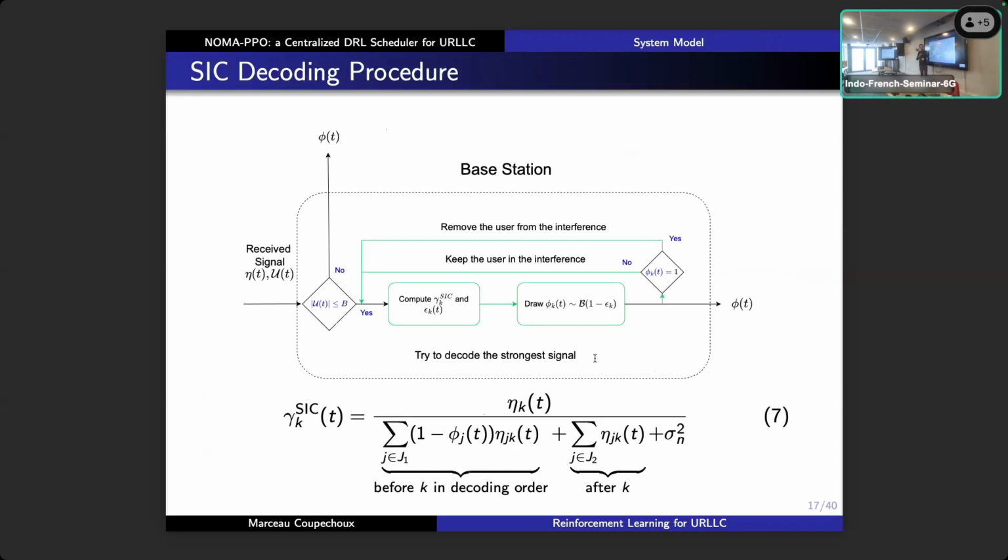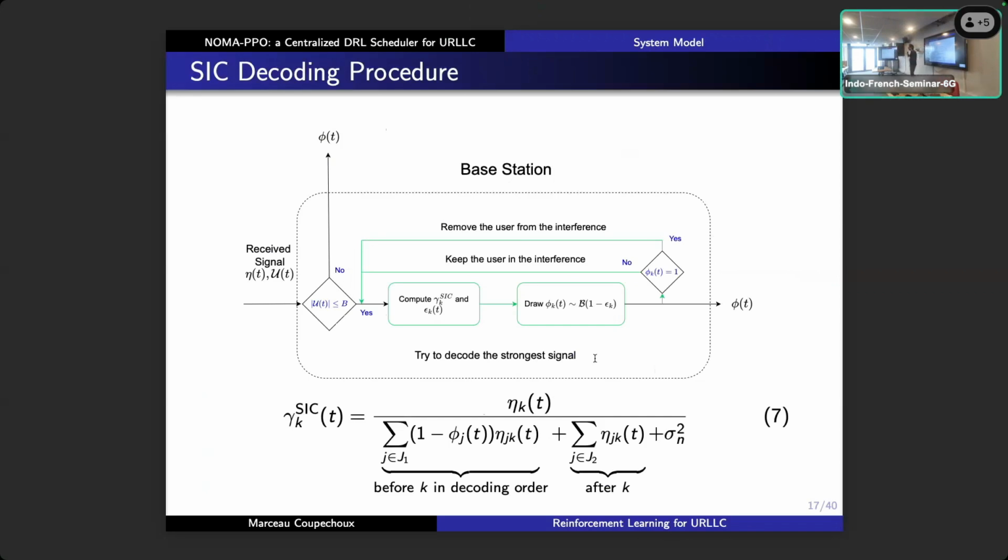using the finite block length regime in information theory the probability of error of this data. Then we draw, with a binomial distribution, whether this packet has been decoded or not. If it has been decoded, we remove this user from the interference of the successive users; if it is not decoded, we keep it in the interference term.